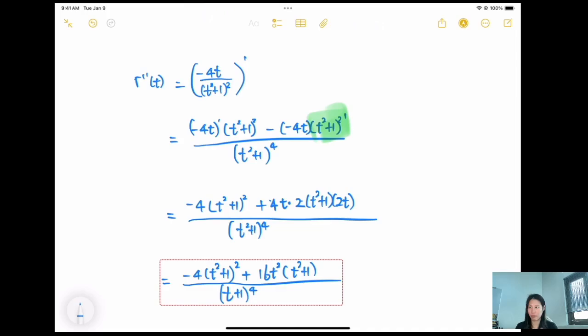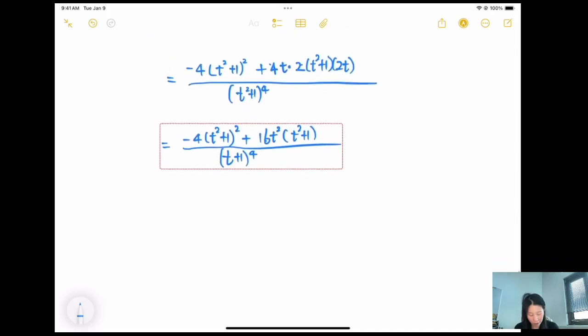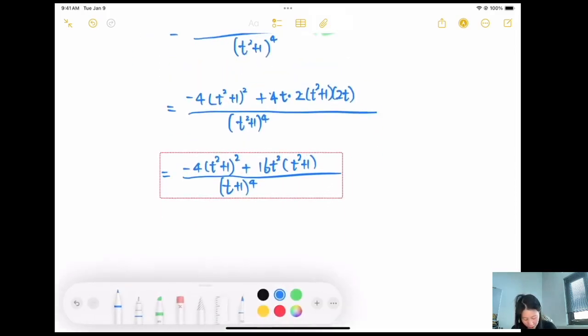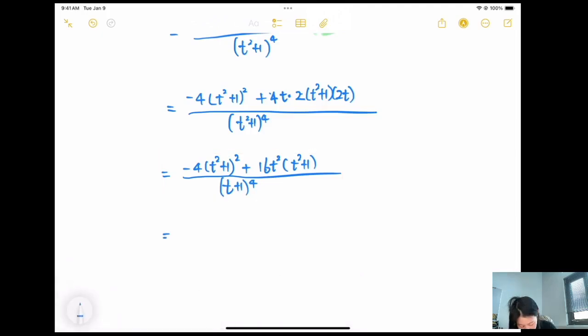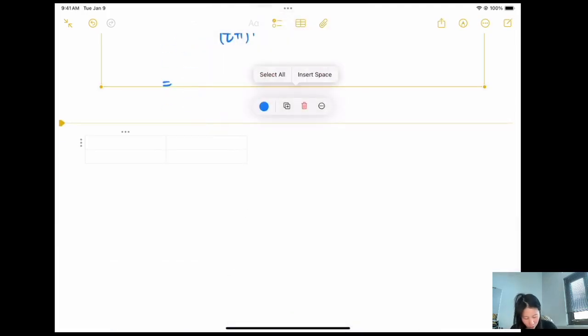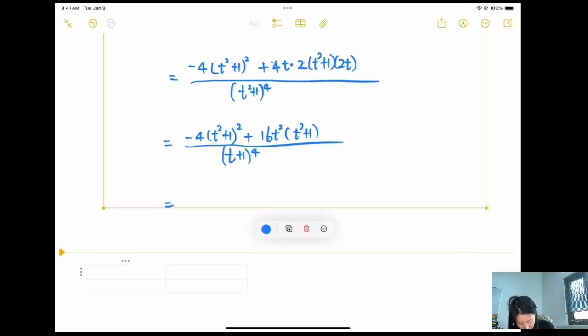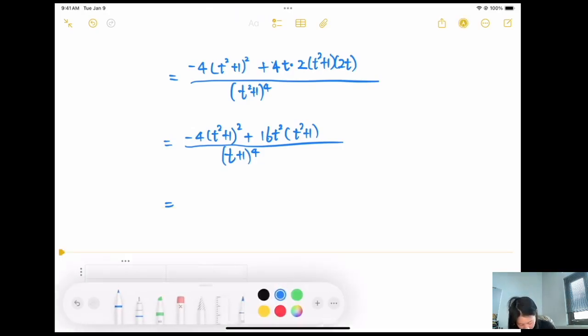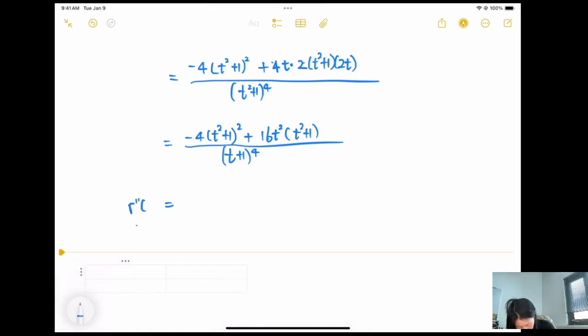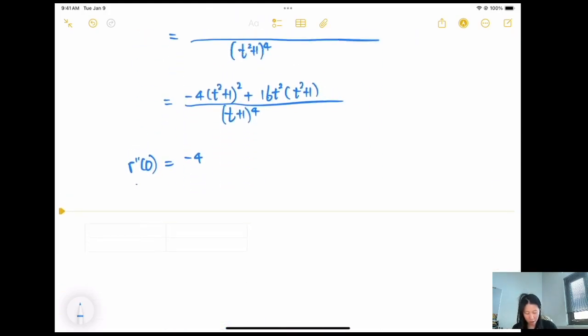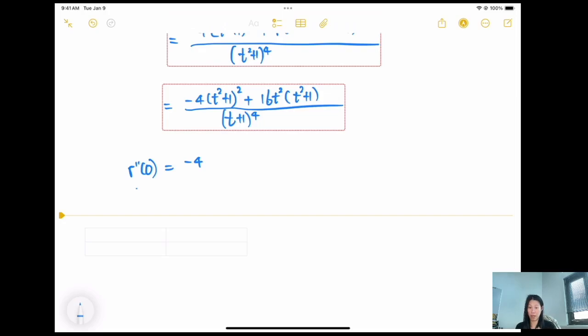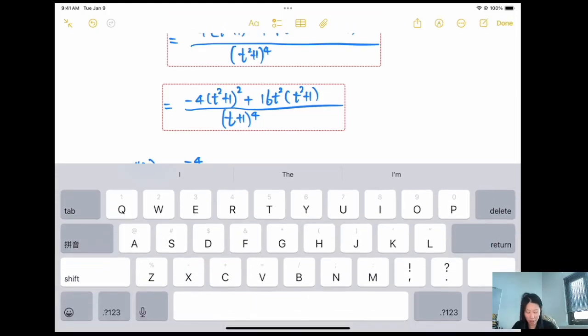All right. So next is calculate that. When t equals 0, I have r double prime of 0. I have negative 4 times t, 0 gives me a 0, squared gives me a 0.